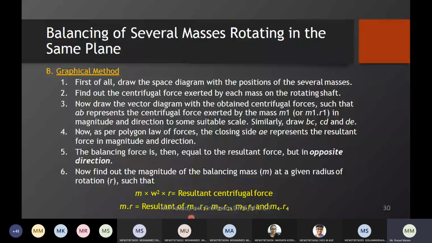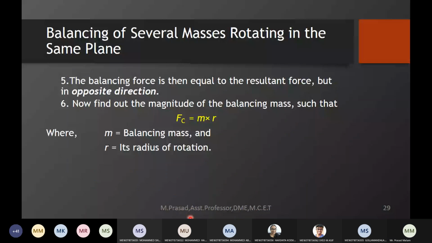I will tell one thing. Suppose I'm getting Fc as 50. What are the units I can get? Mass in kg, radius in meter. I'm getting Fc as 50 kg meter, assume. How can I write this 50? 5 into 10, or 25 into 2, or any other possible methods?